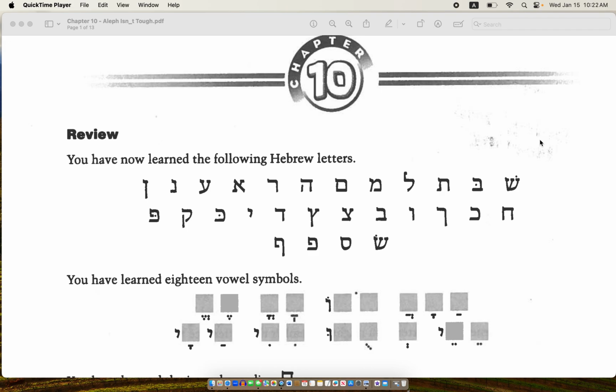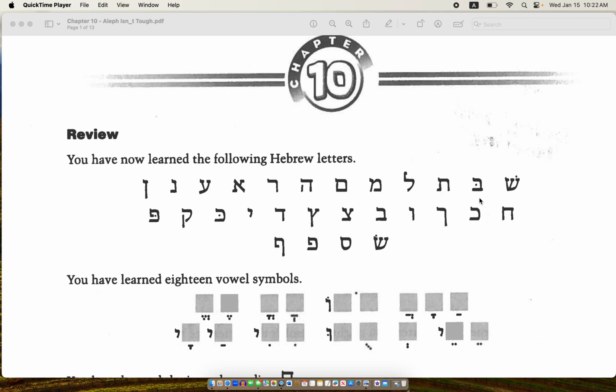So let's go over the letters we have learned thus far. We have 3 left to go, and 2 new vowel rules, not really sounds, but rules. So name them with me.